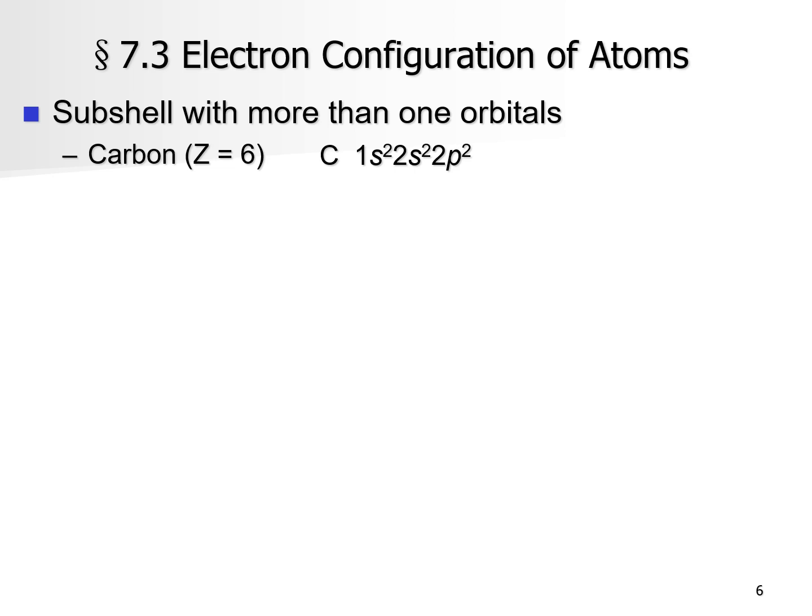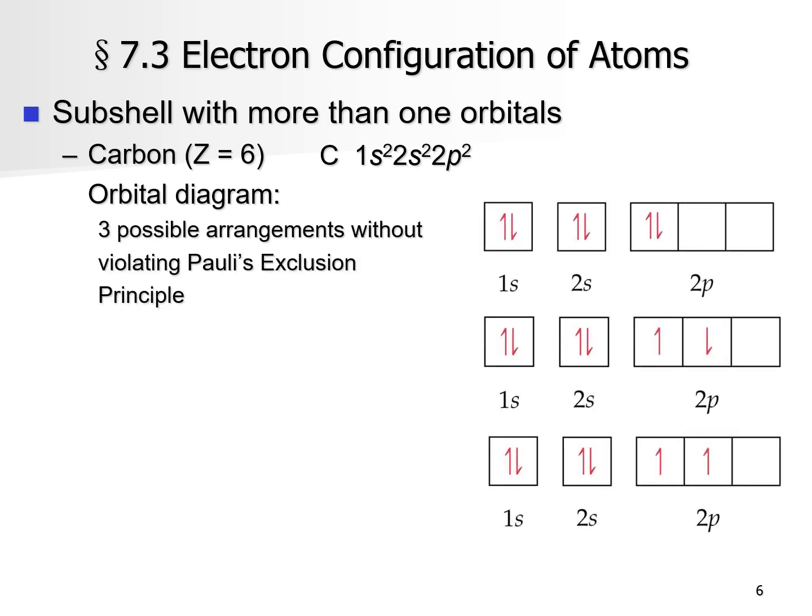All right, it sounds normal, but there might be some problem. What kind of problem will that be? With 2 electrons in 3 atomic orbitals, we could have 3 possible arrangements of these 2 electrons in the 2p subshell without violating the Pauli exclusion principle, as it shows right here.